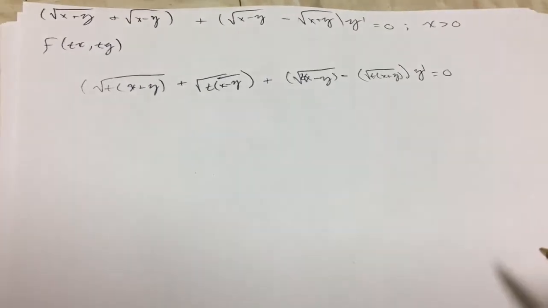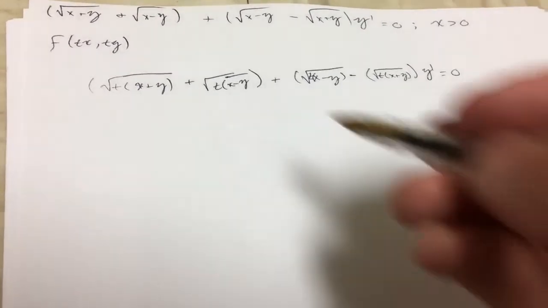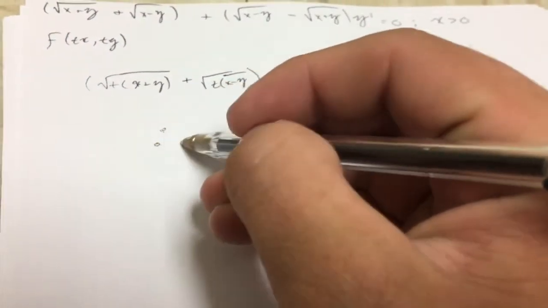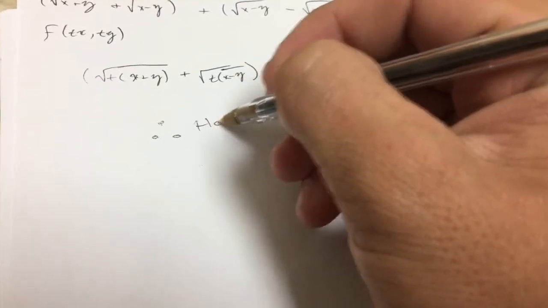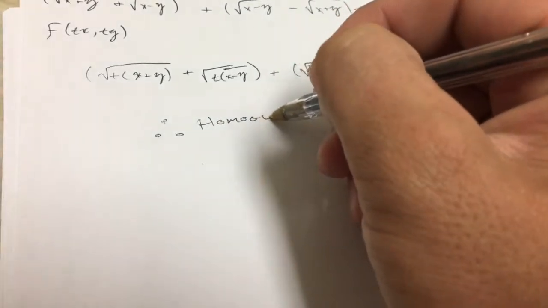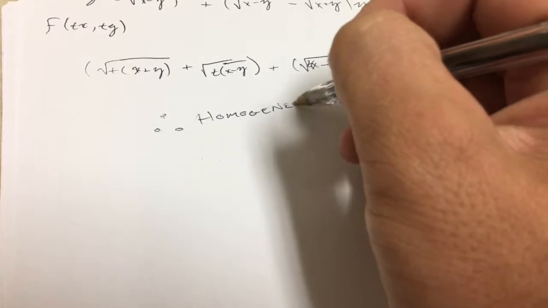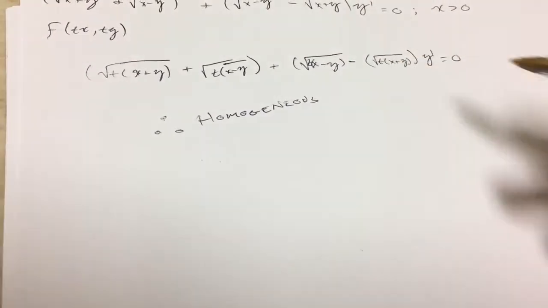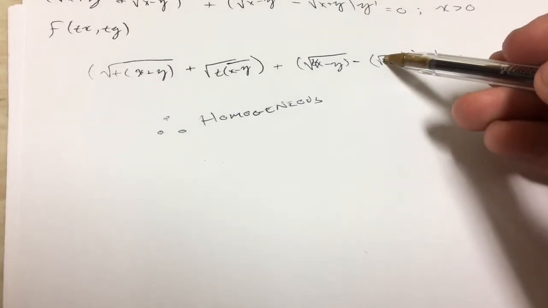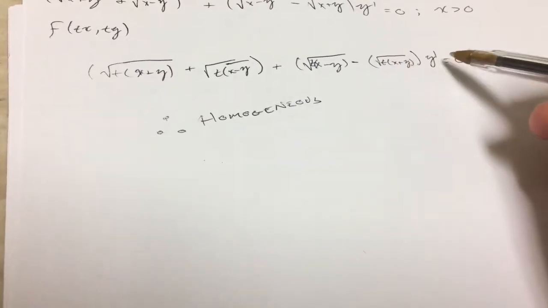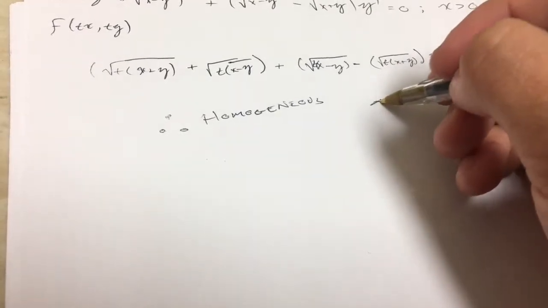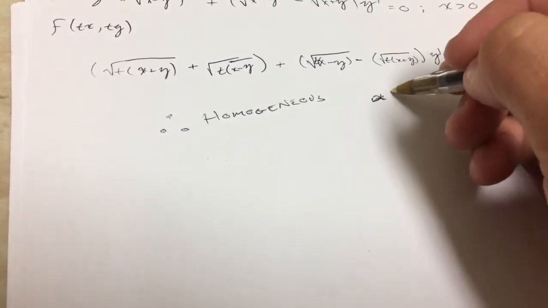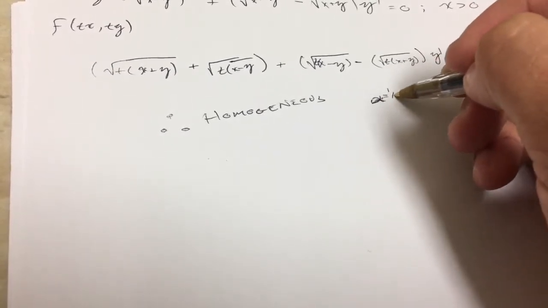And we know that it is homogeneous based on this, and its alpha is t to the 1/2, so our alpha equals 1/2.